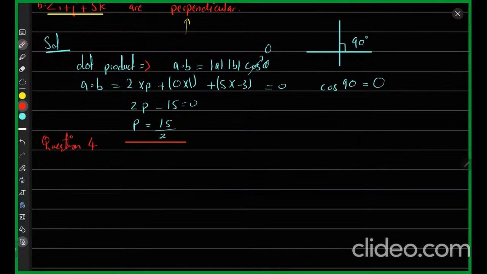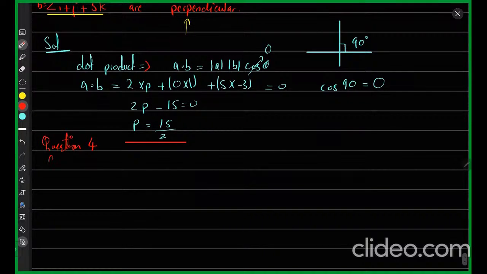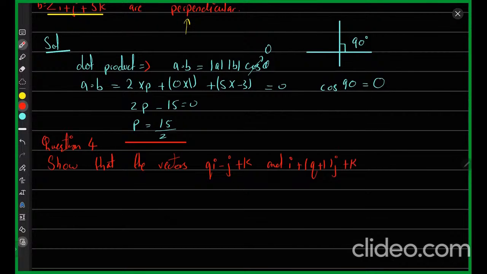Question 4. Show that the vectors qi minus j plus k and i plus q plus 1 j plus k are perpendicular.